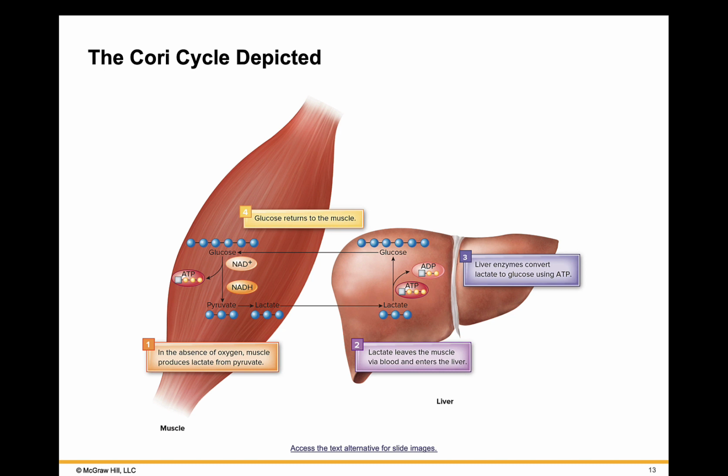In the absence of oxygen, muscle produces lactate from pyruvate. We do not want to think of lactate as an endpoint. Lactate leaves the muscle via the blood and enters the liver. Liver enzymes convert lactate to glucose through the use of ATP, and glucose returns to muscle where it can be used for energy.